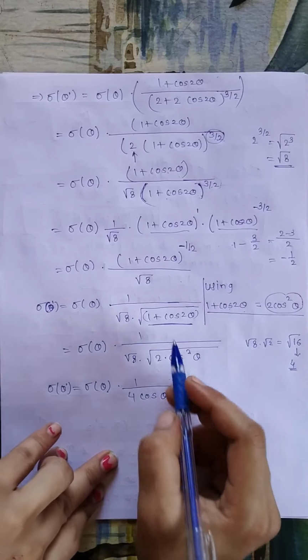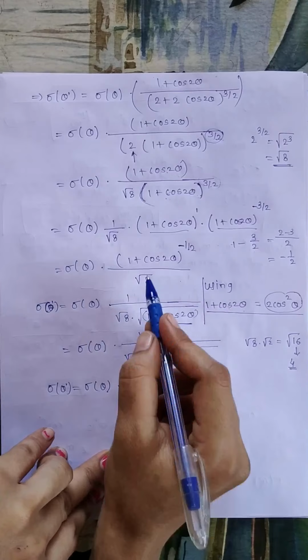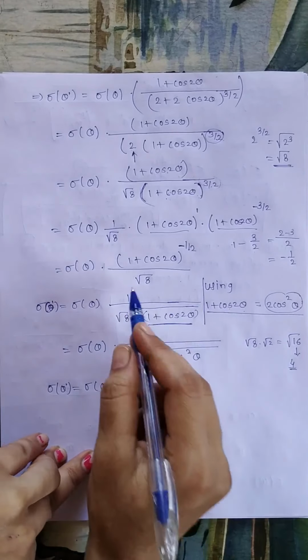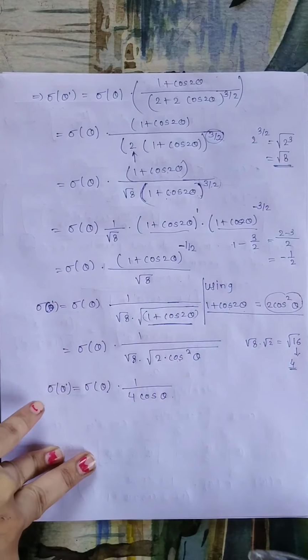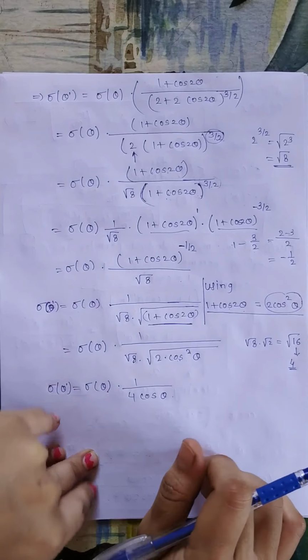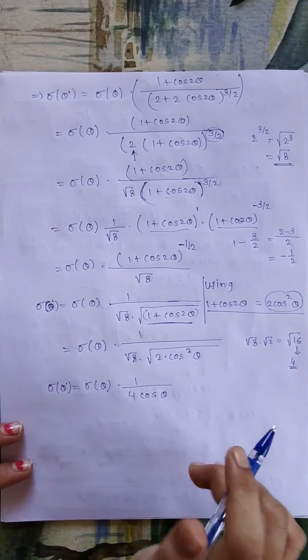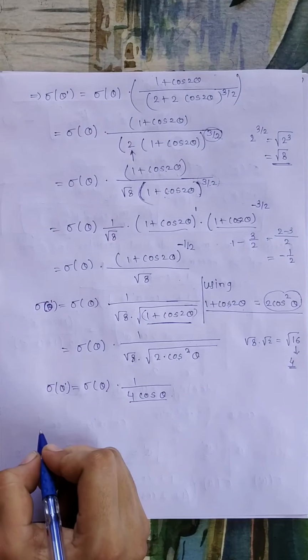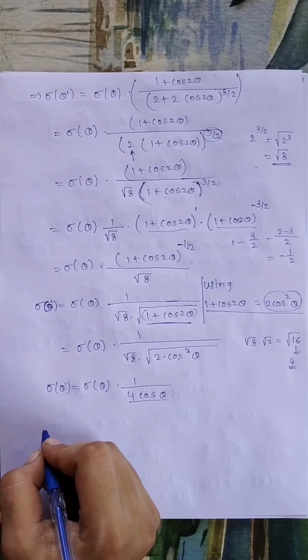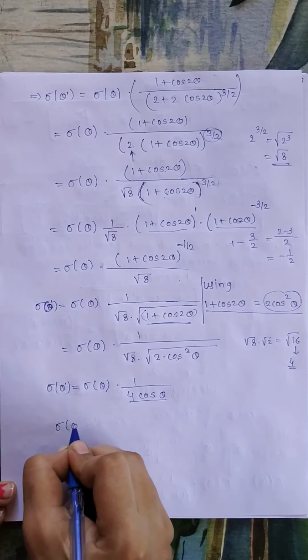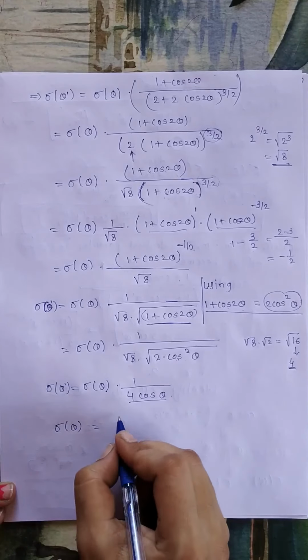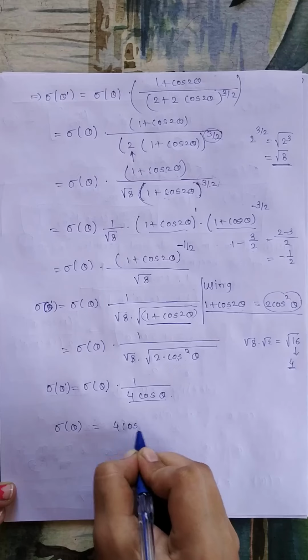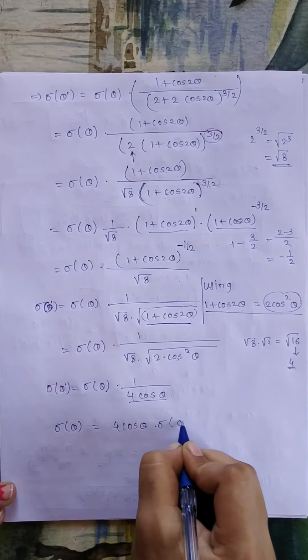In the book they have skipped all these steps, so we have taken these steps explicitly so that it will be very clear to you. Now, if we take this term on LHS, it will get multiplied. So, I will get here sigma of theta is equals to 4 cos theta into sigma of theta dash.